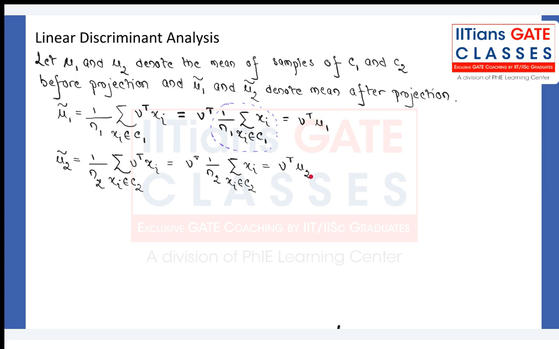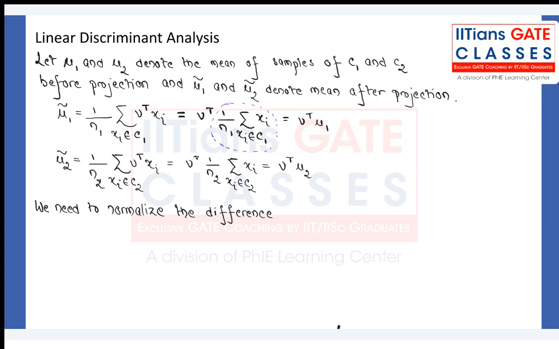Now in the LDA, we need to normalize the difference in mean, right?